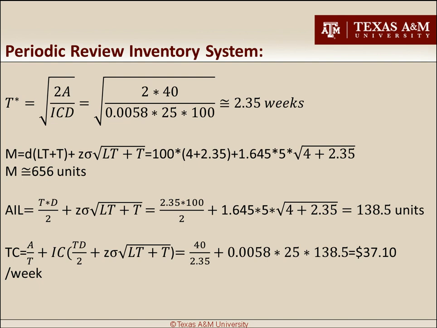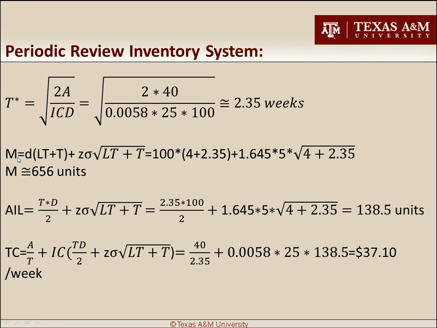So T star is equal to the square root of 2A divided by ICD. I'm going to use weekly information, which means I'm going to use demand per week, the lead time in weeks, and the inventory holding rate per week, so the end result is going to be in weeks as well. I could use 5,200 and 30%. In that case, I would end up with a different number, and we will discuss that one in class on Monday.